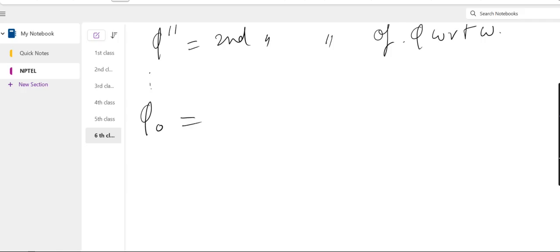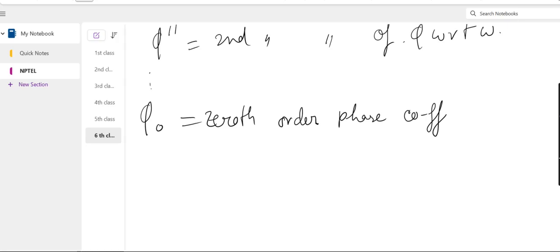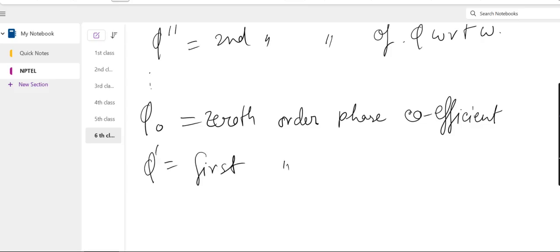Phi zero is the zeroth order phase coefficient. Phi dash is called first order phase coefficient.